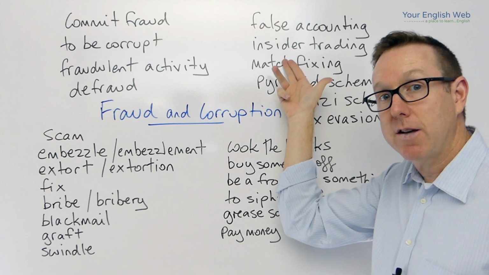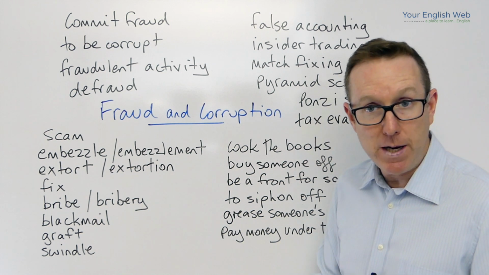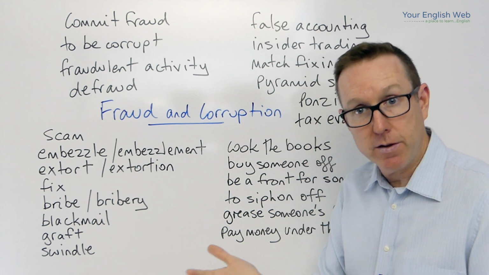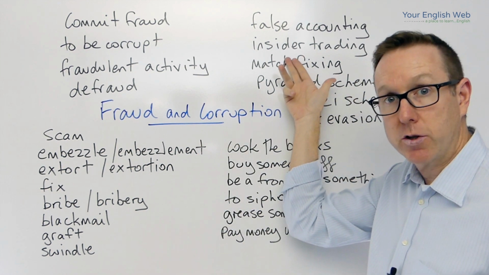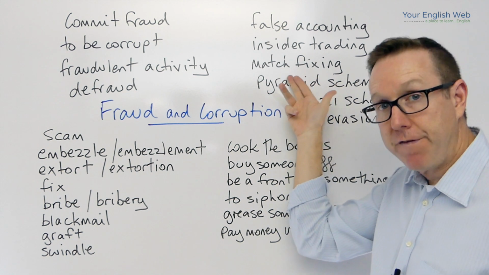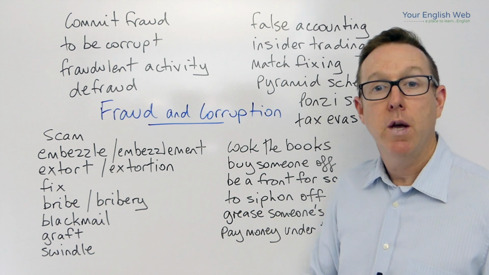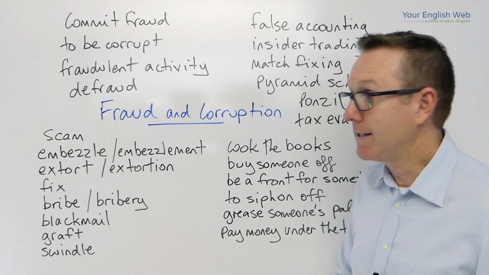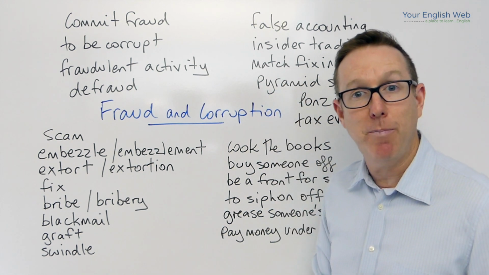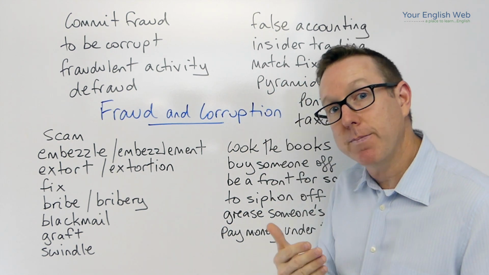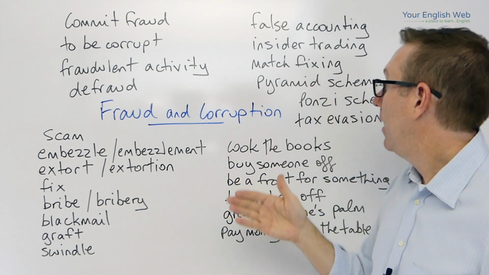Maybe it's insider trading, where somebody gets information about a company and invests in that company and the stock price increases, so you get insider trading. Match fixing is a problem nowadays as well when it comes to sport. Match fixing on a football game or a tennis match or a cricket game, for example, where the result is manipulated. This is known as match fixing.